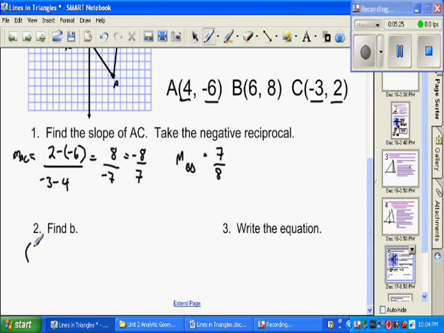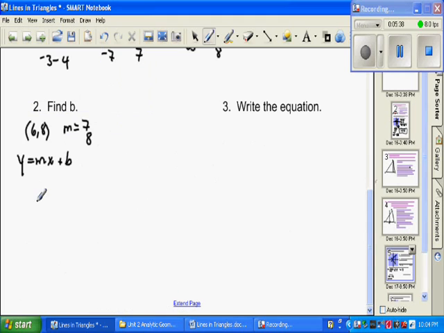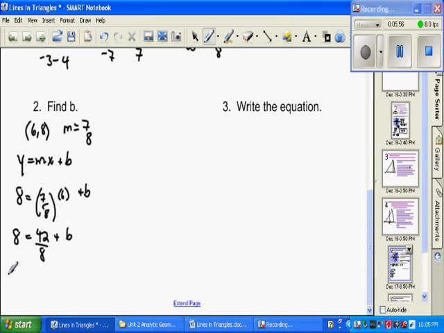Okay, so I'm going to substitute in 6 and 8 for x and y, and I'm going to substitute in 7 over 8 for the slope, and we're going to find B. Okay, we're going to move this to the other side, and we need to have common denominators.